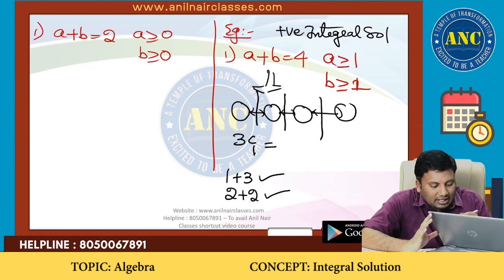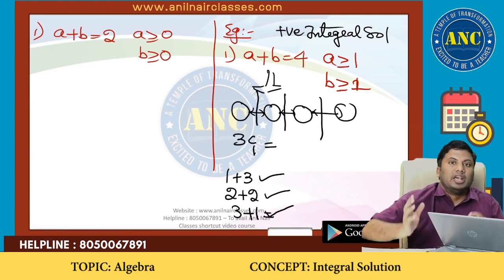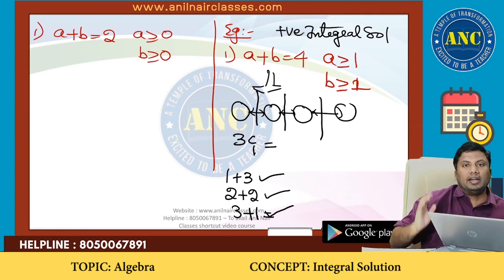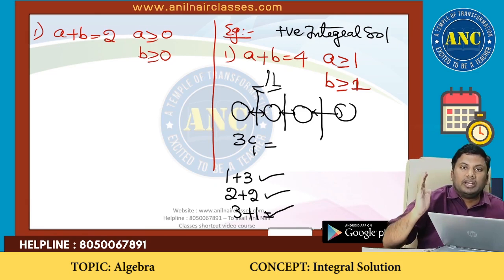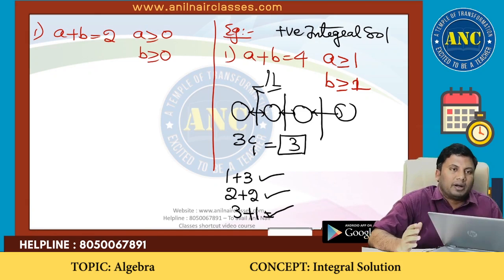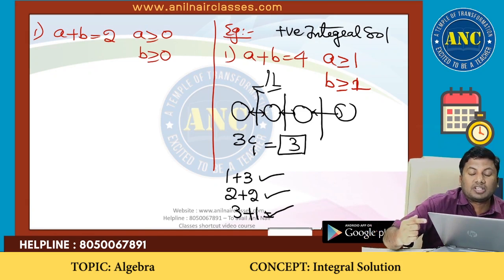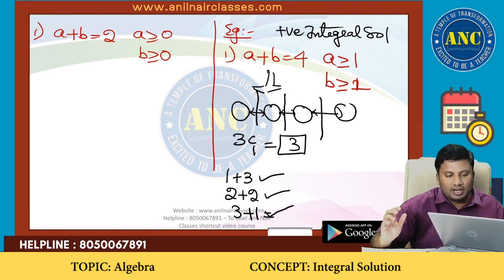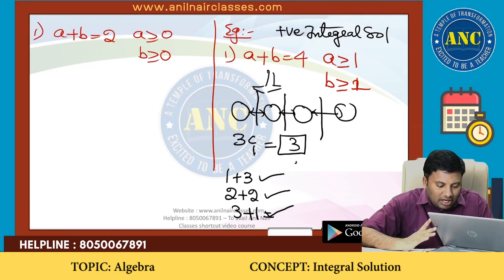Or if I select this gap, 3 plus 1 is also 4. If 4 balls are kept in a line, there are 3 gaps. In 3 gaps, select any one gap. nC1 is nothing but n. In binomial theorem session 1, we discussed why nC1 is n. 3C1 is 3.